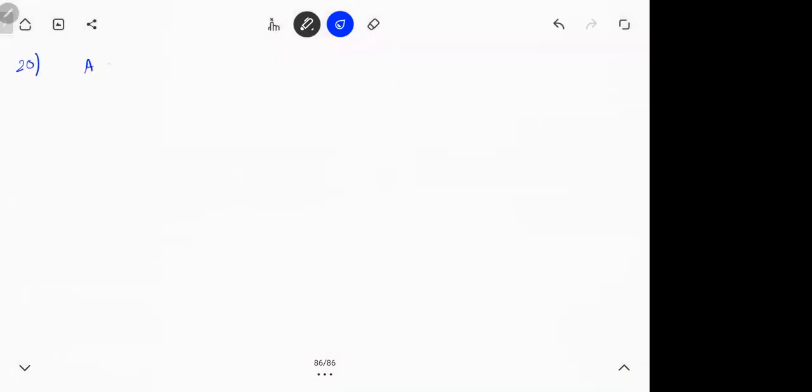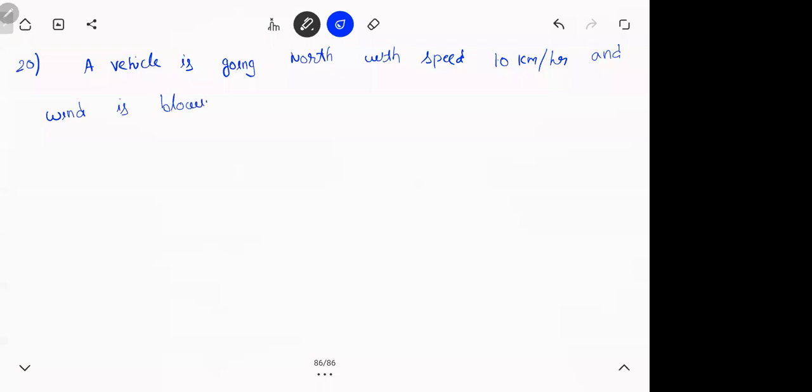A vehicle is going north with speed 10 kilometers per hour, and the wind is blowing east at 10 kilometers per hour. In which direction is the flag pointing?